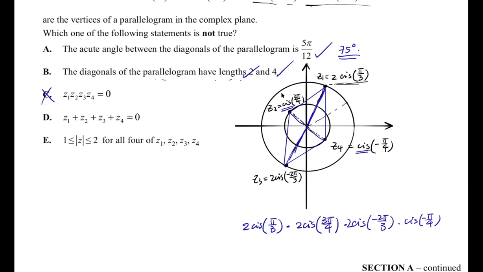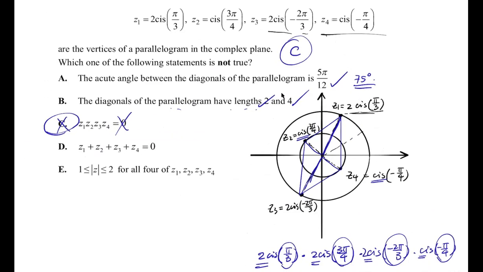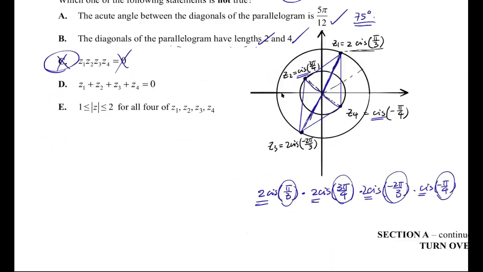No matter how you operate with them, if you multiply them together, you're just adding up all the angles and multiplying the radii. As long as the radii are non-zero, you can't get a product of 0. So option C is false. I think we don't need to verify D and E because the question already asked us to find the incorrect option. So let's move on.